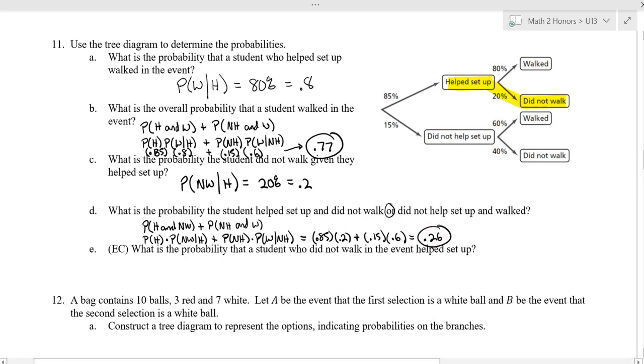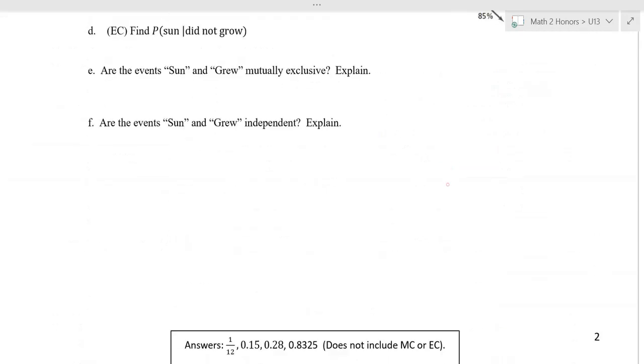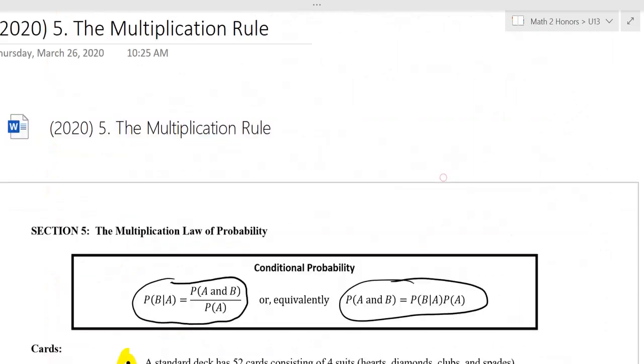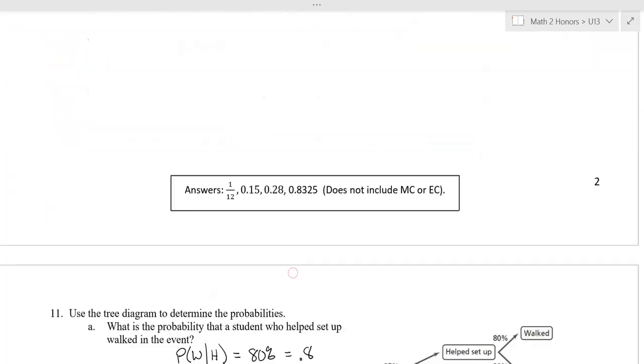And for extra credit, on E, to answer this extra credit, I'm going to refer you to another formula on top. This right here, the probability of B given A is the probability of A and B divided by the probability of A. It's a conditional probability, and we're going to need that.